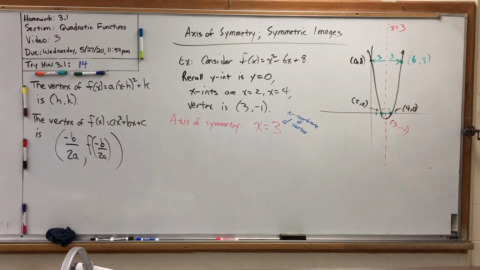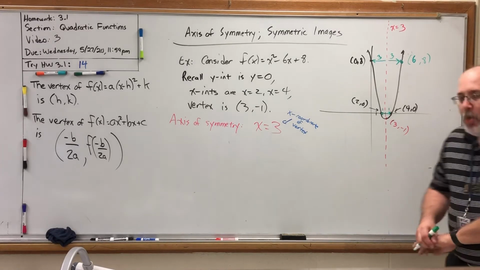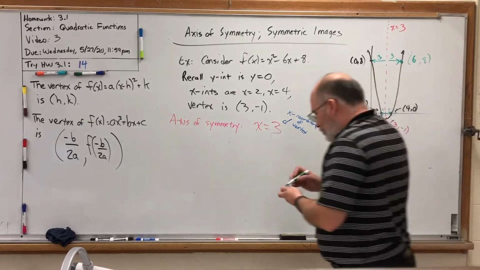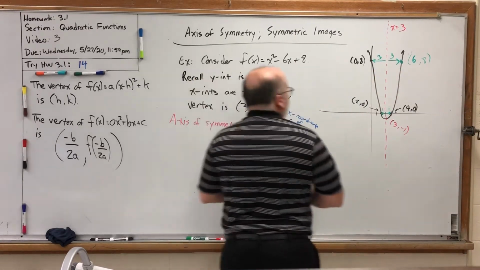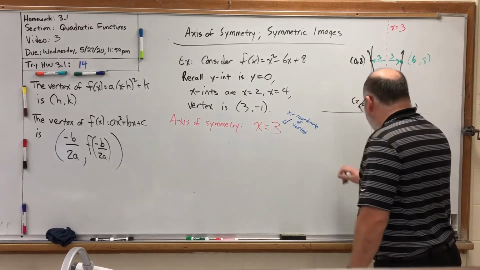Now, we could make this generic by replacing the numbers with A's, B's, and C's. Not going to, but I'll throw a bonus question at you. Here's your bonus question.